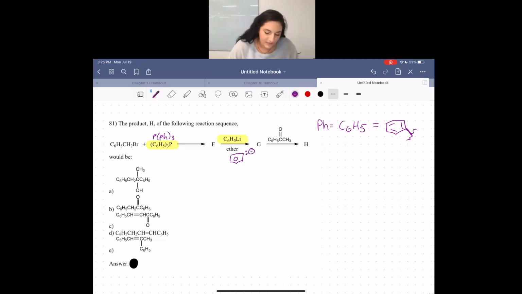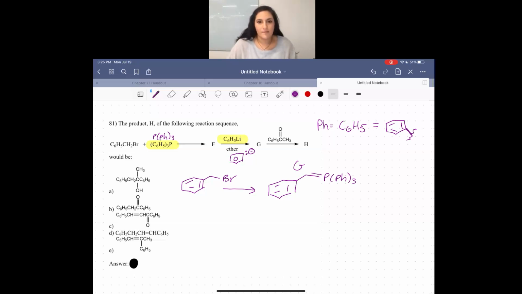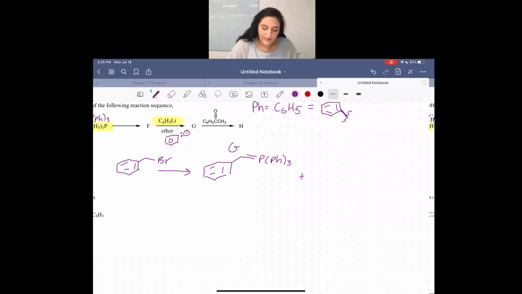So let's look at our actual first reagent. We have this guy. PPh3 and base is going to turn this into this. So this is G. And now this guy is reacting with this guy. We're just cutting off the arms and legs, right?